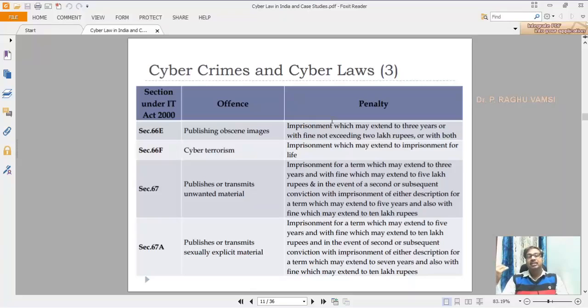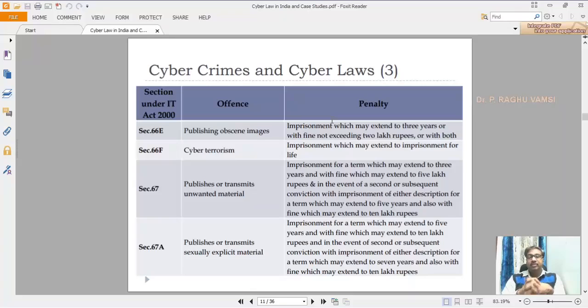Then this cyber terrorism case can be booked. So Section 66F, imprisonment which may extend to imprisonment for life. So life imprisonment is possible if anyone is booked under Section 66F of the IT Act, which is called cyber terrorism. Section 67, publishes or transmits unwanted material.